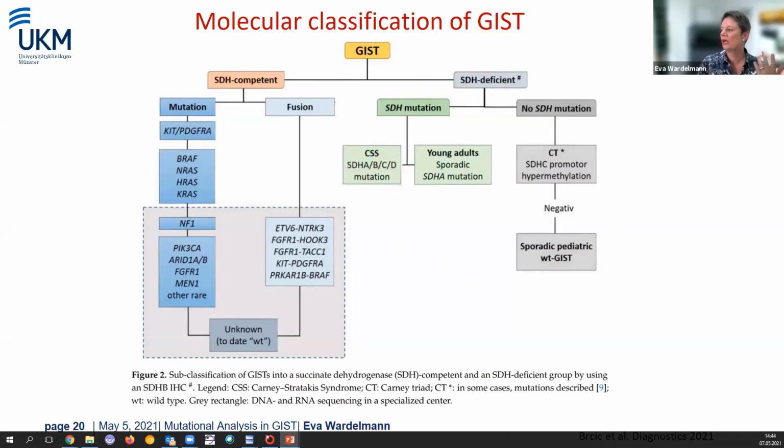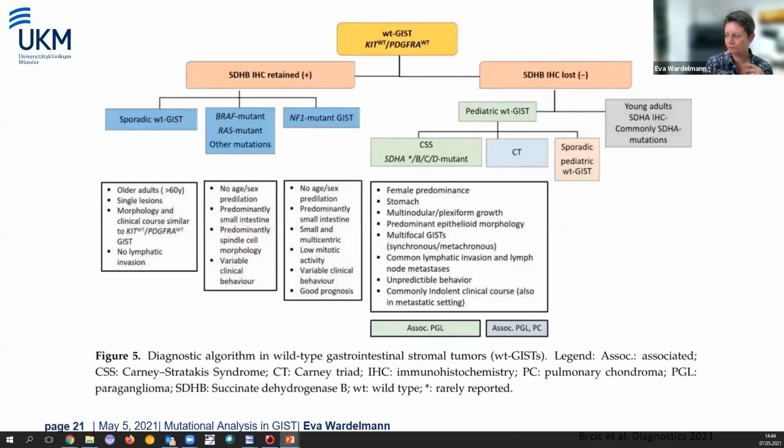And so there are specific syndromes, but also the Carney triad, leading not only to GIST, but also to other diseases. I will jump over this because it's a very crowded comic, and you can see there are some details about how these patients have different locations of tumors and so on.